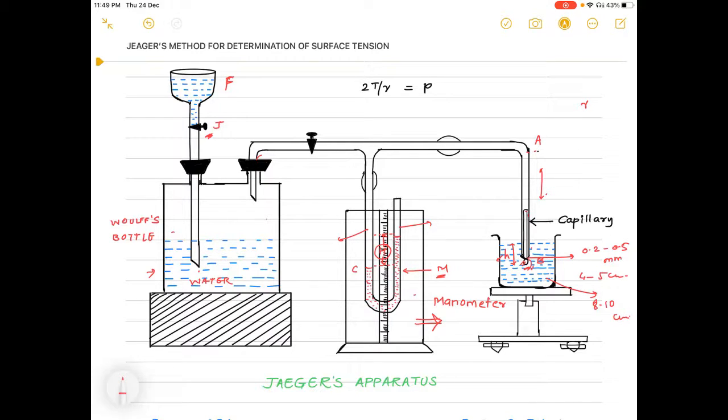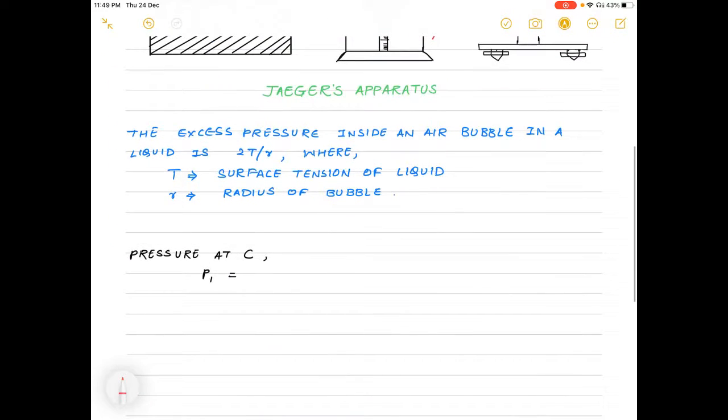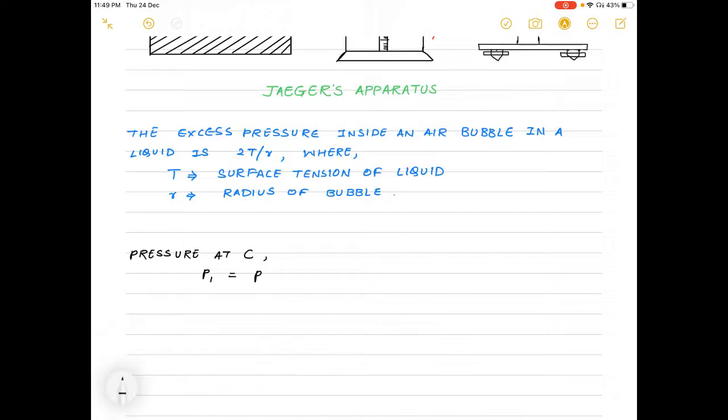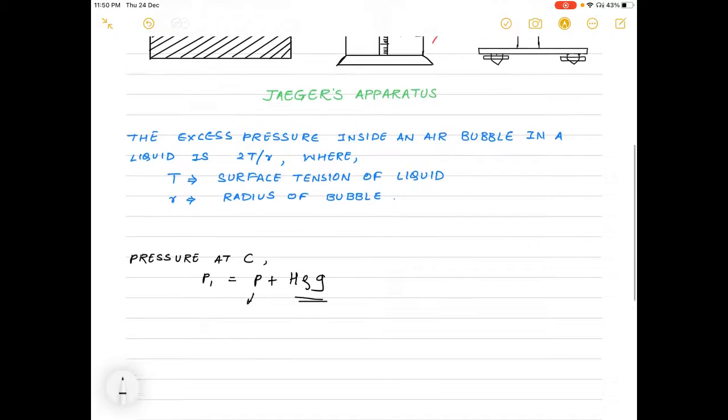Now, just before the bubble breaks away from B, the pressure inside it is equal to that at C. The pressure at C, that is at this point, will be P1, which equals capital P plus capital H rho G, where P is the atmospheric pressure and H rho G is the pressure due to the liquid column capital H in the manometer, and rho is its density.